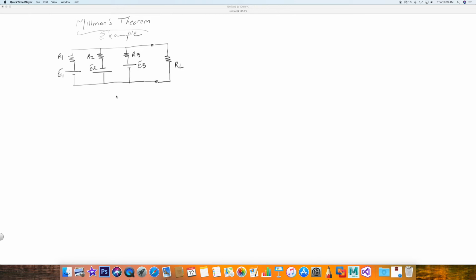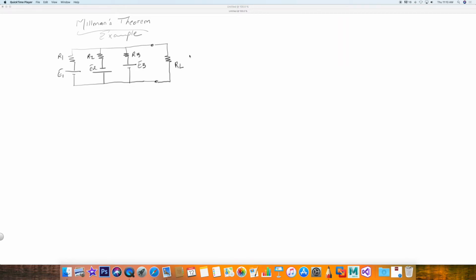Okay, in this example, we will solve for Millman's theorem to understand what would be the equivalent circuit of something of this nature, where you have either current or voltage supplies in parallel, or current supplies in parallel, okay?